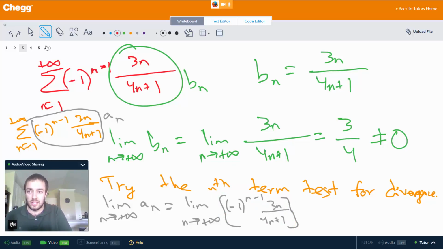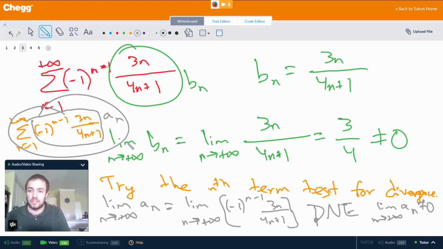So this limit does not exist, DNE. And of course, if the limit doesn't exist, then it can't equal 0. So the limit as n goes to infinity of a sub n does not equal 0. Therefore, by the nth term test for divergence, this entire series diverges.